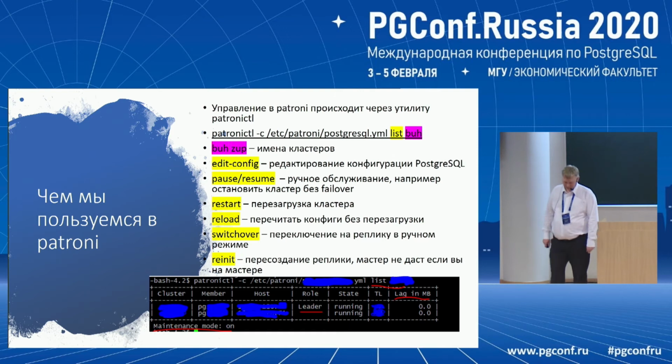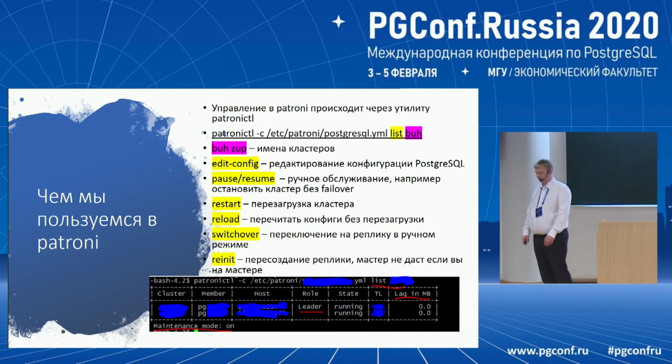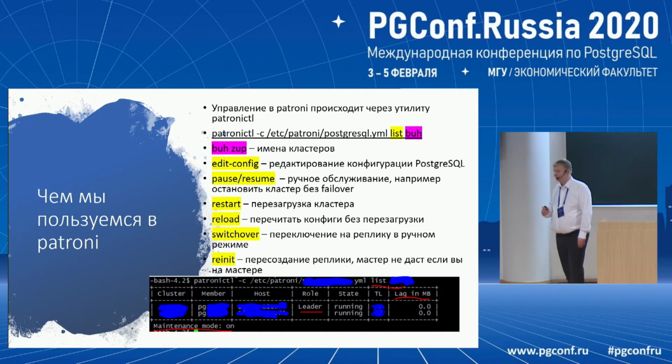Reinit. In some cases, we need to reinitialize one node, and if you launch this reinit command on master, Patroni will not let you do that. It will say that you cannot do it on master.